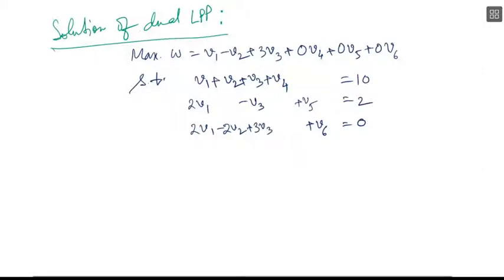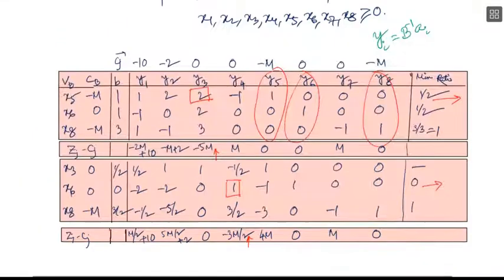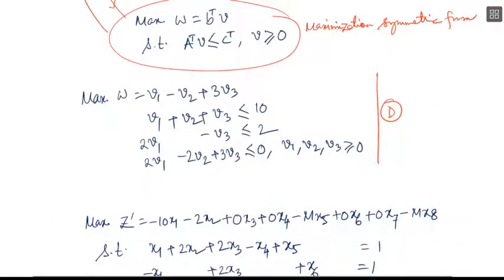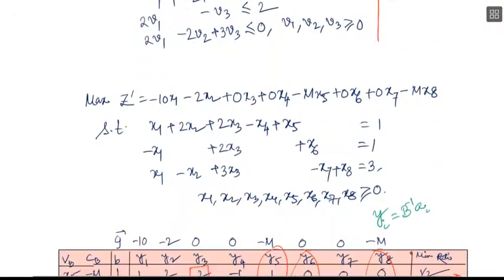I write it by shifting a bit to maintain the column structure. Yes, this one, where all the variables v1, v2, v3, v4, v5, v6 are greater than or equal to 0.